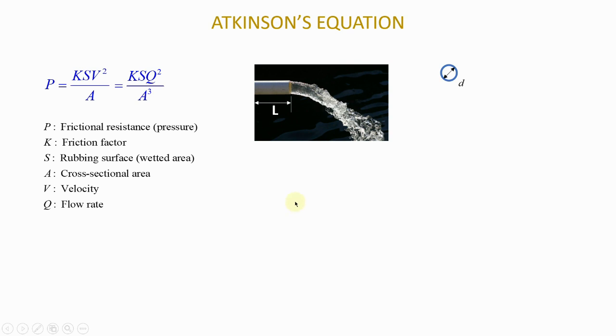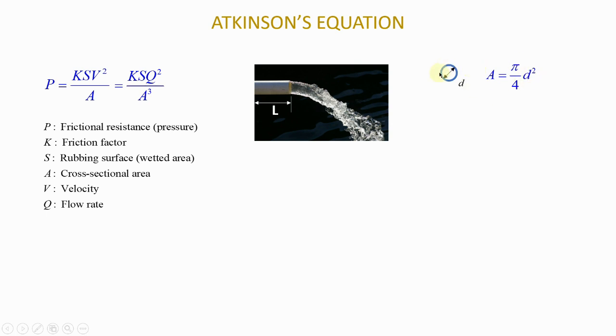Then the cross-sectional area will be simply pi by 4 multiplied by d squared, okay? You're doing N6, by now you should know how to get the cross-section area of any shape that is given to you, okay? So in this case, because the pipe is circular, the cross-sectional area will be pi by 4 multiplied by d squared, okay?